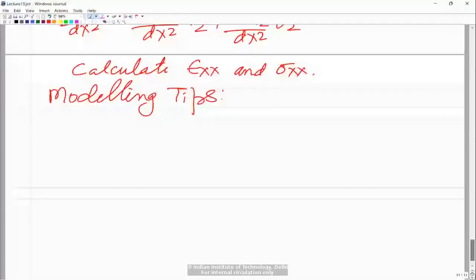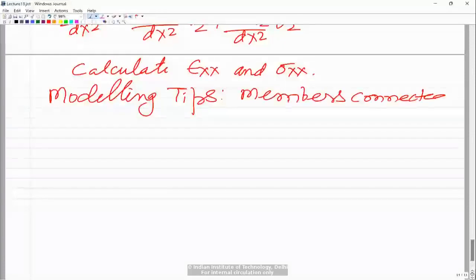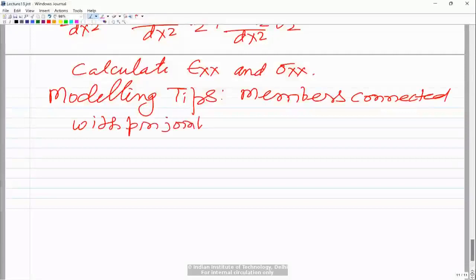If you look at the members in the truss, we have already said members are connected with pin joints. These members would be free to rotate. If all the joints are pin joints, then the straight members will remain straight, so they are free to rotate.